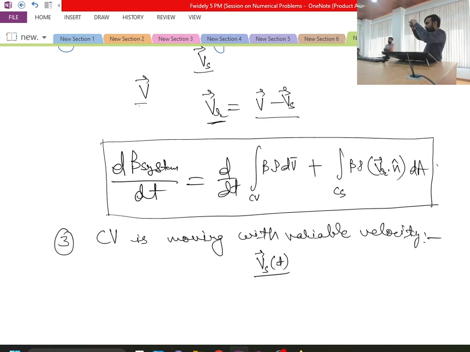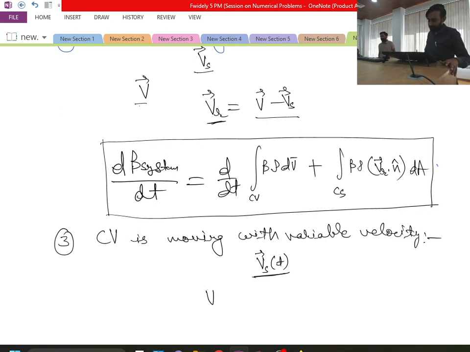Each and every point of the control surface is moving with velocity Vs only, because it is a rigid control surface, but its value is changing with time. So if this Vs is a function of time, can you tell me now, will the relative velocity be only a function of time, or a function of space and time?